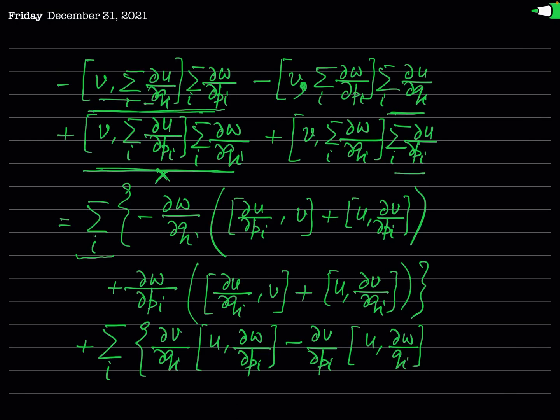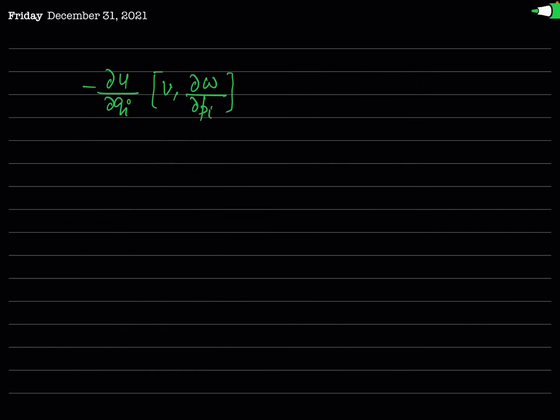And now the last term. This will be summation over i del u by del pi times this much. So this is plus del u by del pi times Poisson bracket of v and del w by del qi.